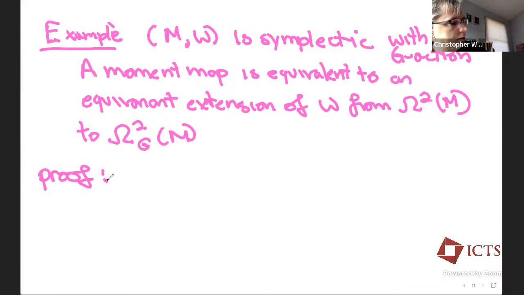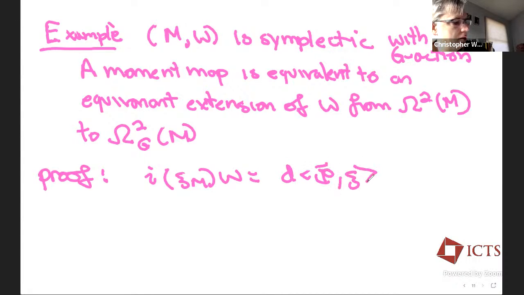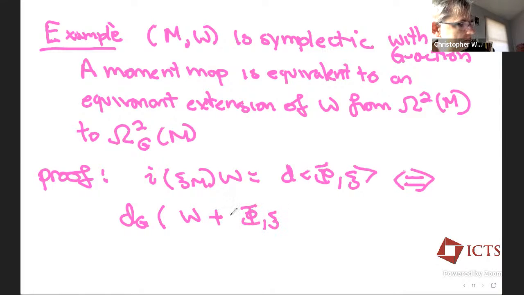Why is that? Well, to say that the contraction of omega is d by c, this is the same thing as saying that when I take dG of omega plus phi, well, what are the terms when I multiply this out?